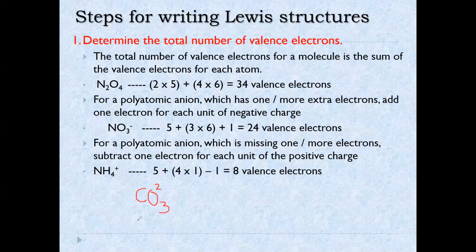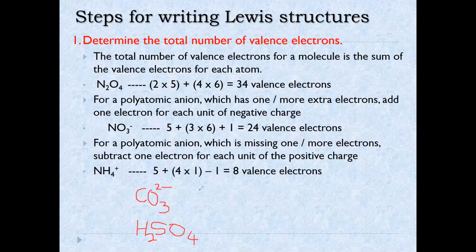Let's do H2SO4. So begin to type in your chat box the total number of valence electrons for CO3 2 minus. So people are writing 24.